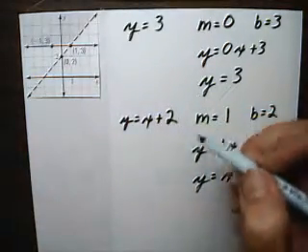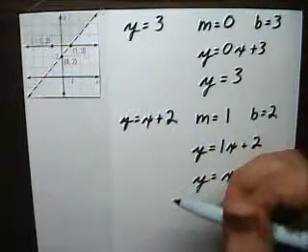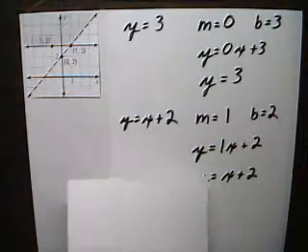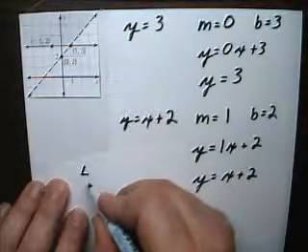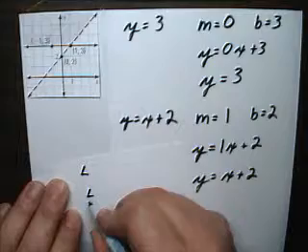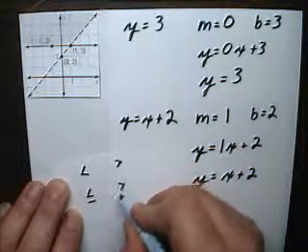So we have the equations of the boundary lines. Now we have to figure out what inequality symbol is going to go in there. The inequality symbols, of course, are less than, less than or equal to, greater than, or greater than or equal to.